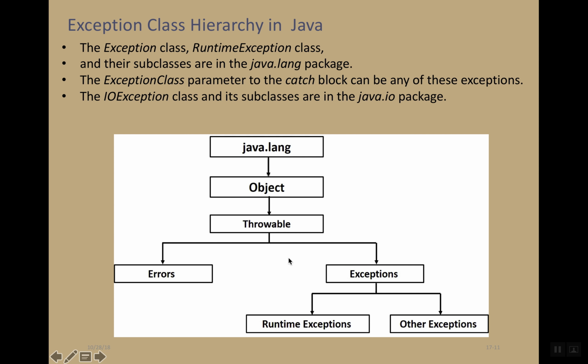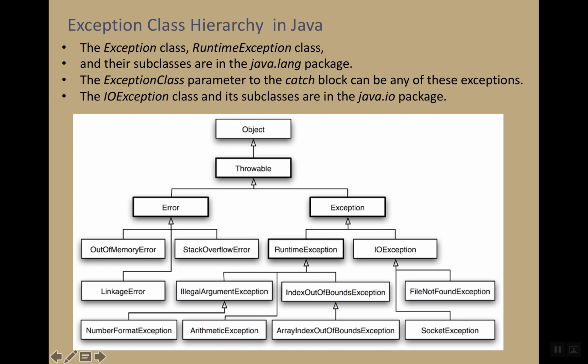In Java, this is the class hierarchy of exception classes. In the java.lang package, the Object class is the greatest parent class, and it has subclasses Throwable, Error, and on the other side Exception, RuntimeException, and other exceptions. Let us go through this in depth.